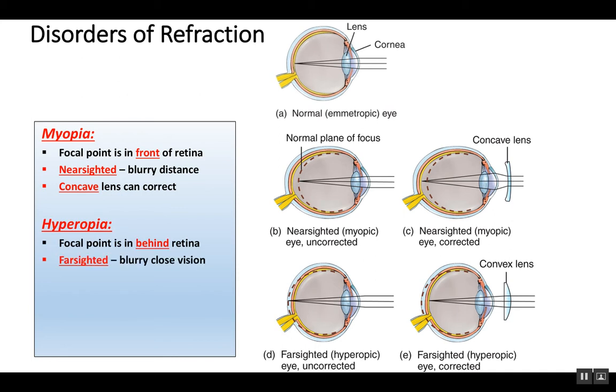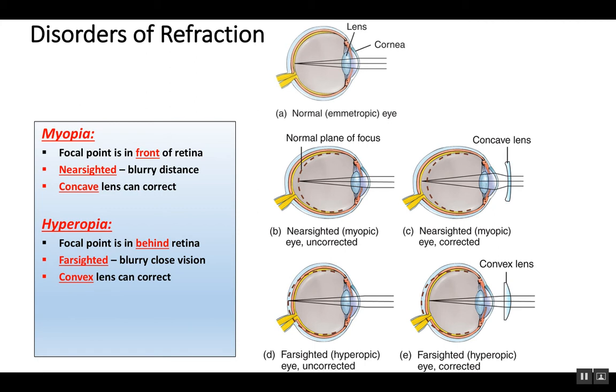The next disorder is hyperopia. This is often referred to as farsightedness. This is where close objects are blurry, but distant objects are not. This is quite the opposite of myopia, where the focal point converges past the retina.